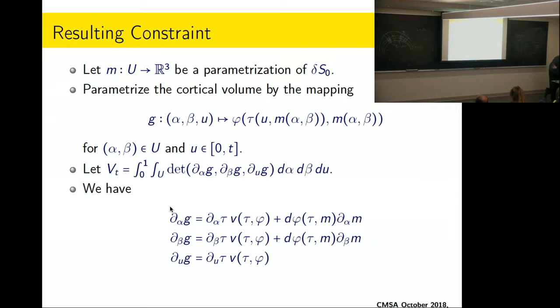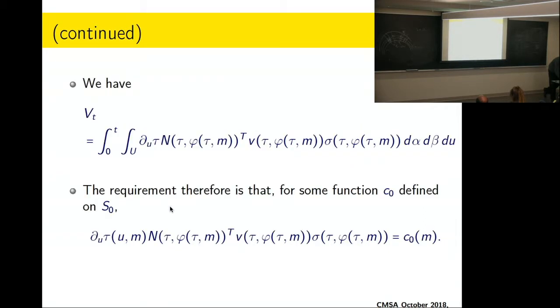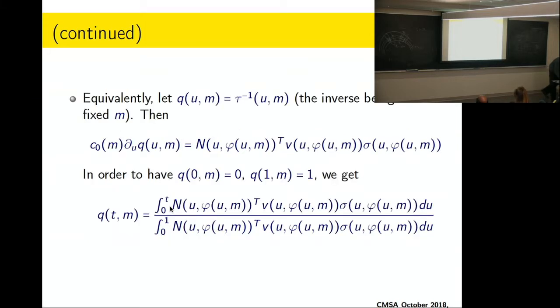You write these constraints, you recompute this volume by doing a change of variable, and you find after some work some formula that involves the normal to the surface, the original estimate V that was returned by LDDMM, and the surface element, that gives you the inverse reparametrization. Once you have the inverse, you can go back to the original.